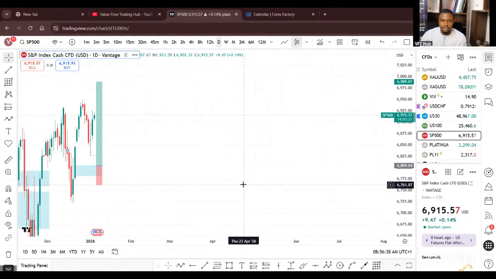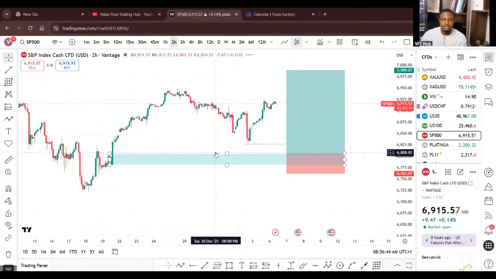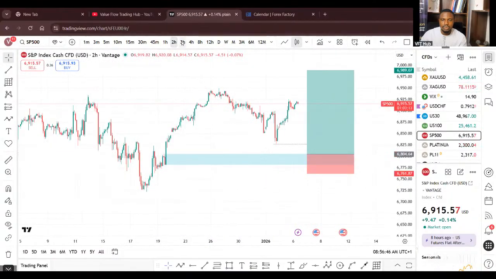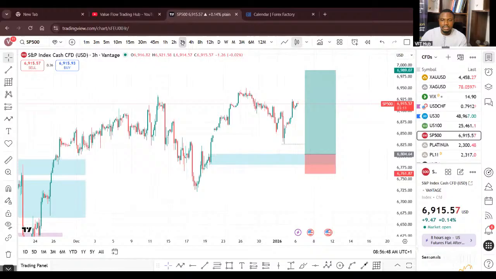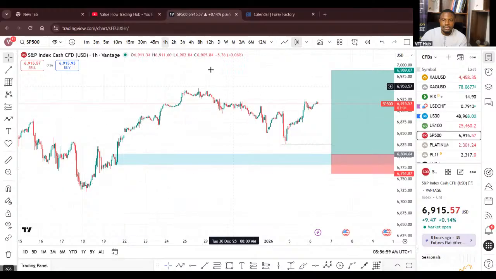Okay, all right. So this makes sense for us to see in the market. On the 2-hour time frame, are we missing anything? No. 3-hour time frame, missing anything? No. Okay, I think this is a very valid setup for us to take a buy in this market. Everything is pointing to that direction.